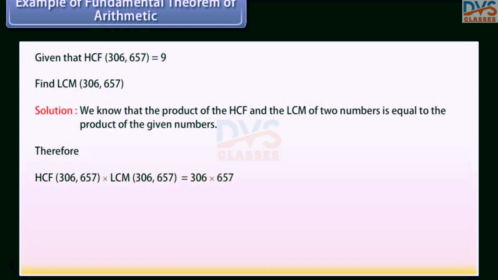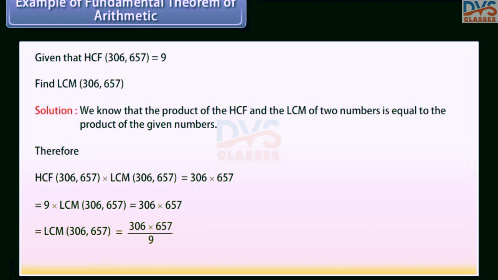LCM(306, 657) = 306 × 657 / 9. LCM = 22,338.